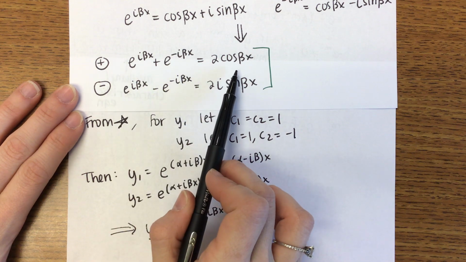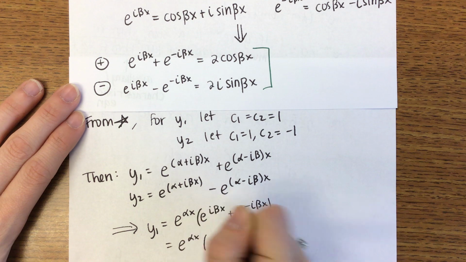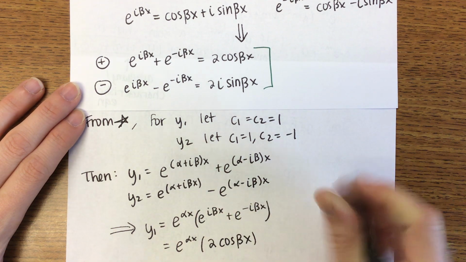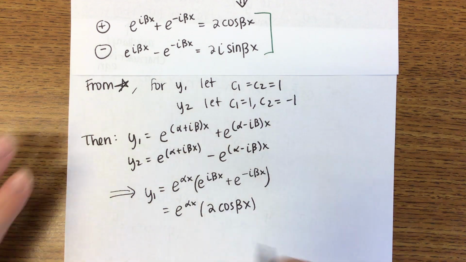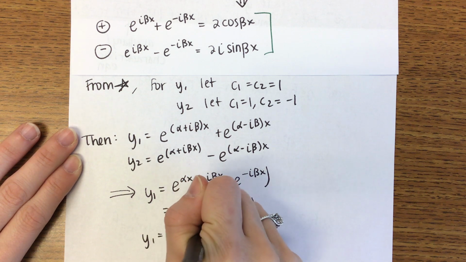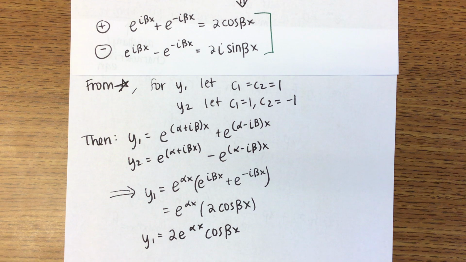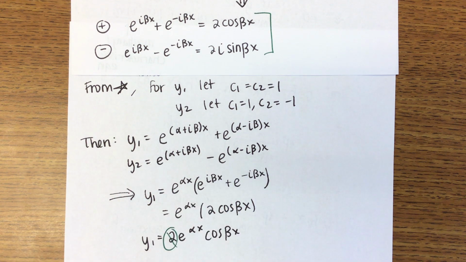It's equal to 2 cosine of beta x. This is really e to the alpha x times 2 cosine of beta x. So our first solution then is 2e to the alpha x cosine of beta x. Remember though, we don't care about that. We don't care about the constants.